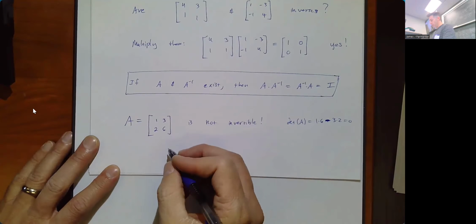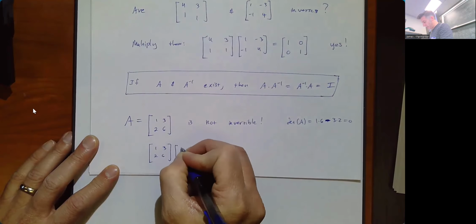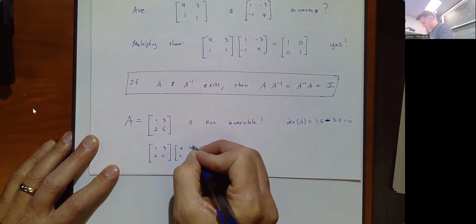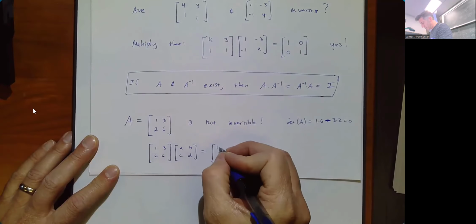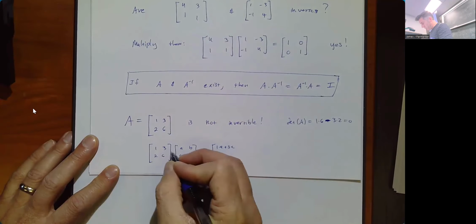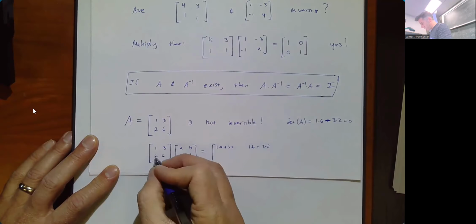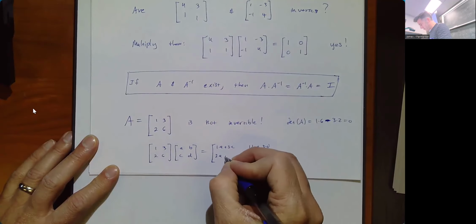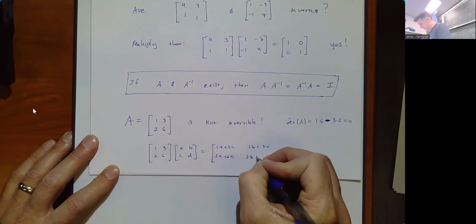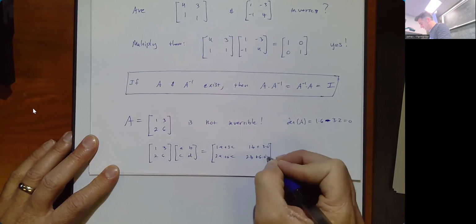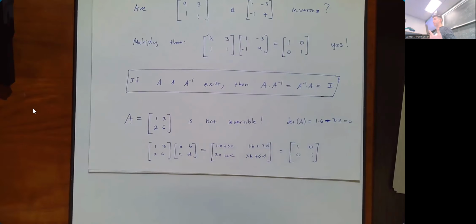Or you could actually try finding it. If you multiply this matrix by the supposed inverse, you get 1 times A plus 3 times C, and 1 times B plus 3 times D, and 2 times A plus 6 times C, and 2 times B plus 6 times D. Check out what happens. We need this to equal 1, 0, 0, 1, and that is what has to happen for it to be invertible.